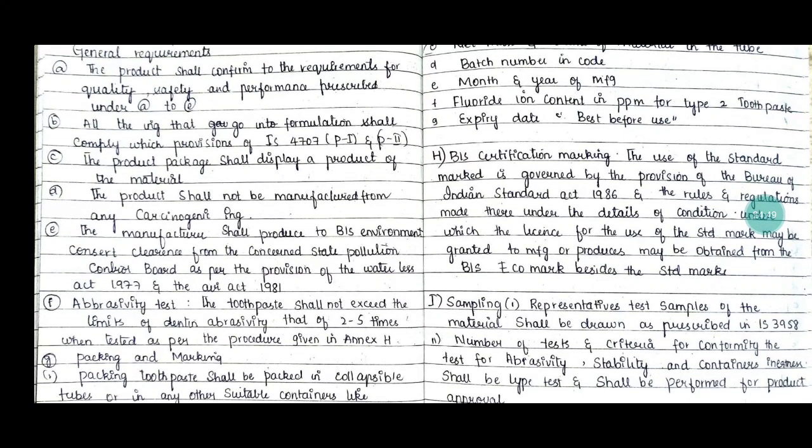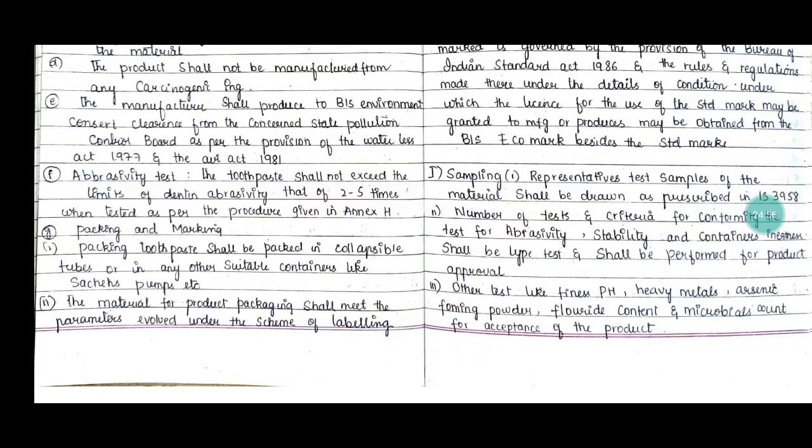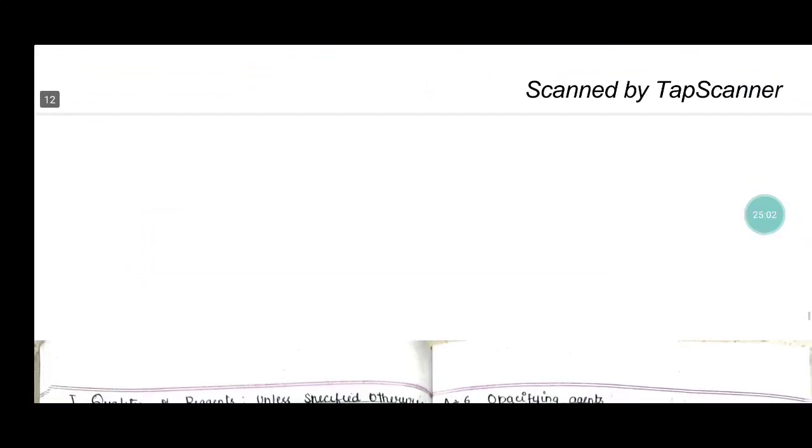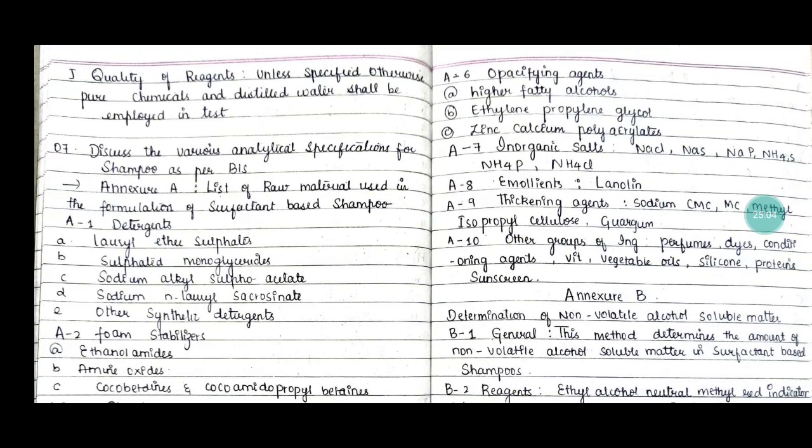Next is BIS certification marking, and next is sampling. And lastly, the quality of the reagent: unless specified otherwise, pure chemicals and distilled water shall be employed in the test.